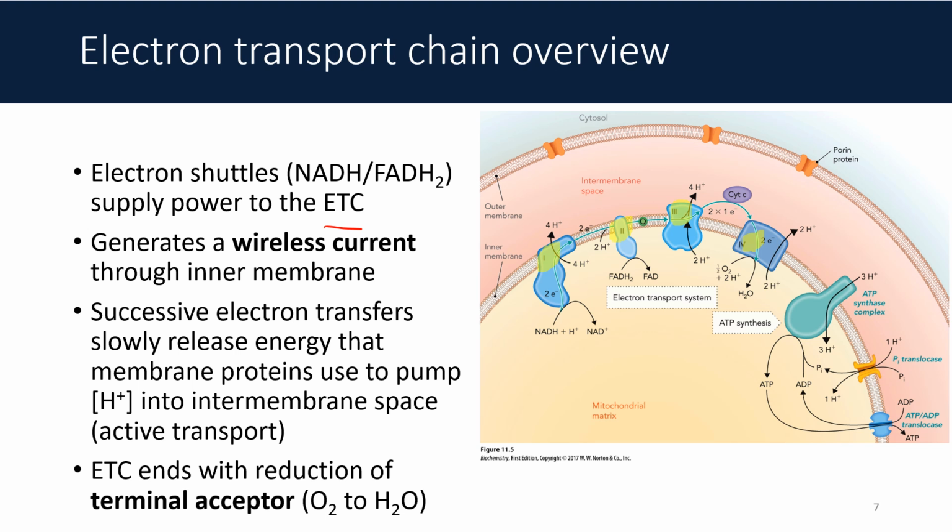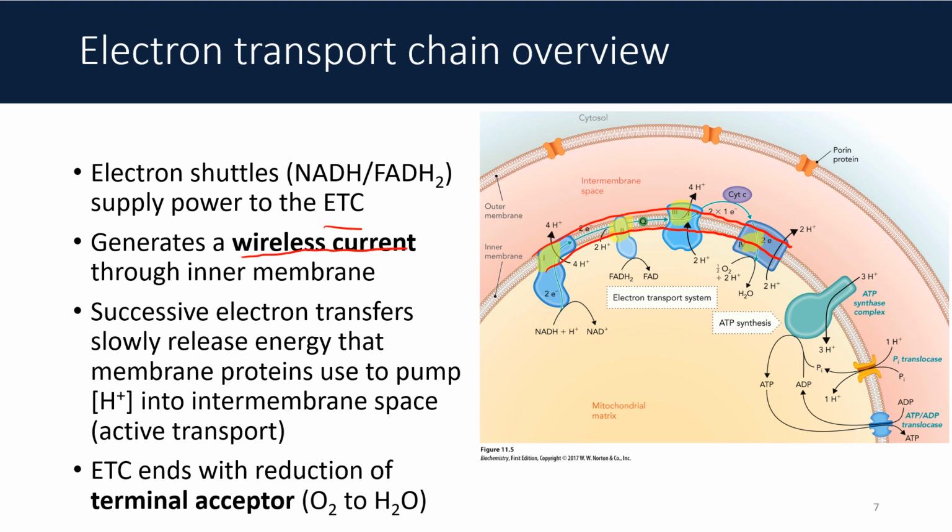And the act of taking these electrons and passing them down a conveyor belt of redox proteins is going to generate something that's called the wireless current.